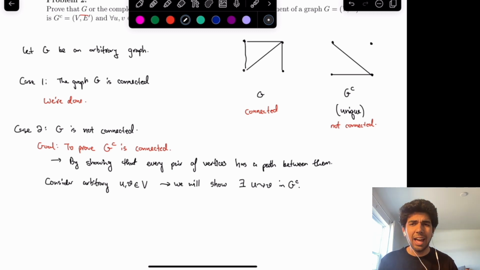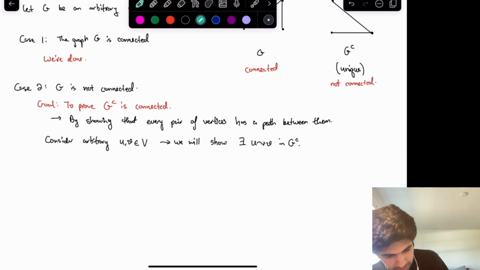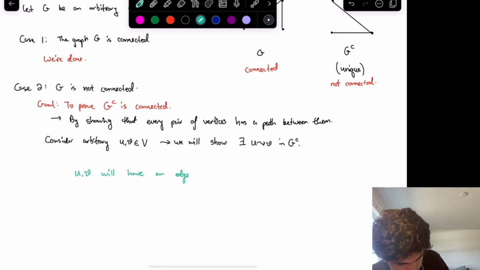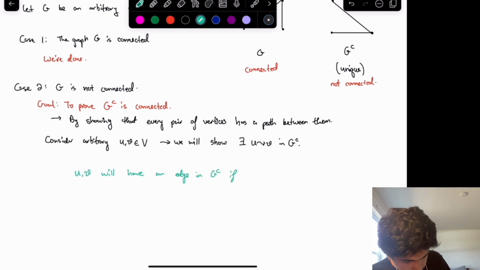So we just have the definition of G complement to work with, meaning that an edge appears in G complement if it doesn't appear in G. Interesting. Why don't we write that down? Let's say that uv will have an edge in G complement if the edge uv is not in G.